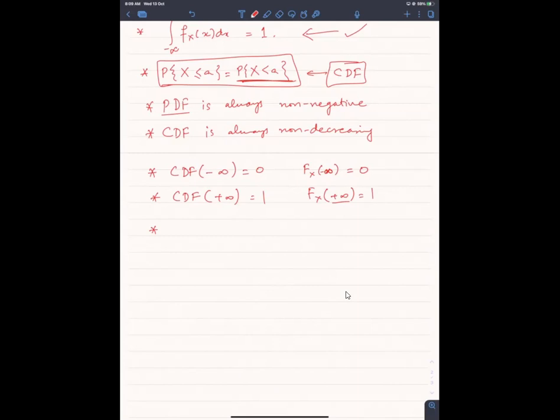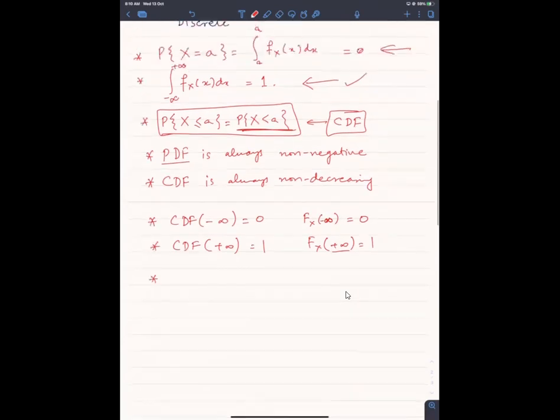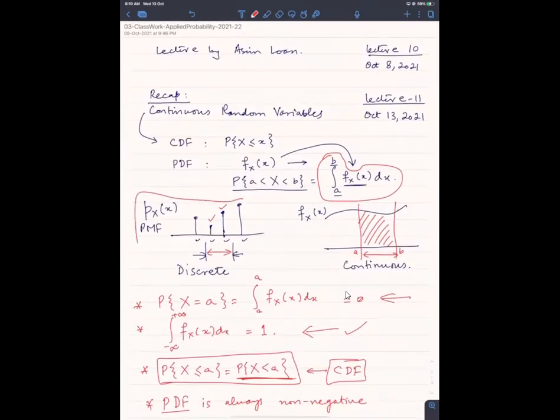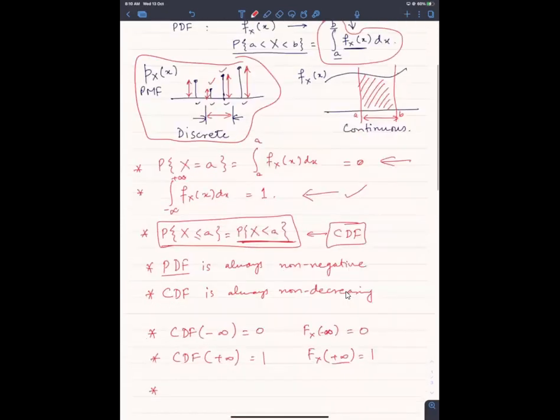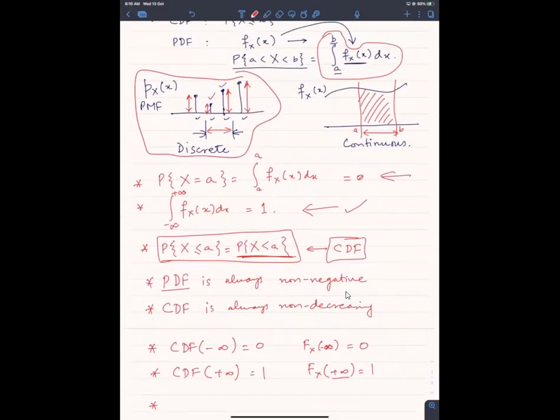Discrete के case में, if you remember, कि वो जो jumps थे, वो jumps in the CDF, they were telling you the probability mass function values. ये जो आपके पास PMF की values आती हैं, ये जो इतनी value आई है, this is the jump. Again, ये जो value आई है, ये CDF का jump है. Now, same thing here, कि आपने CDF में इन सबको accumulate किया हुआ है, ठीक है.